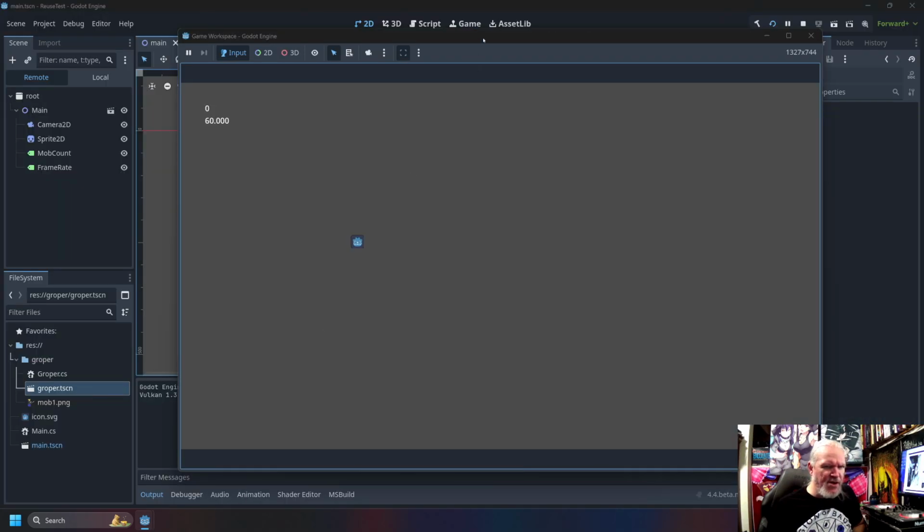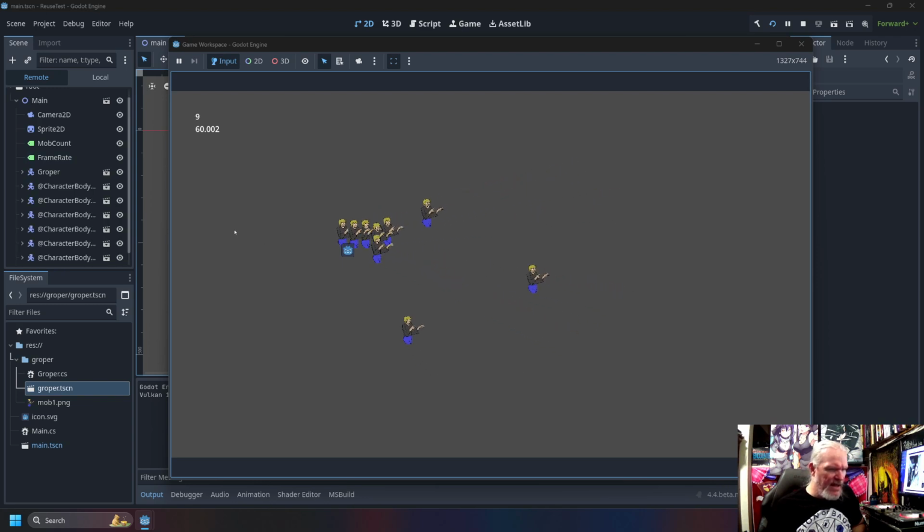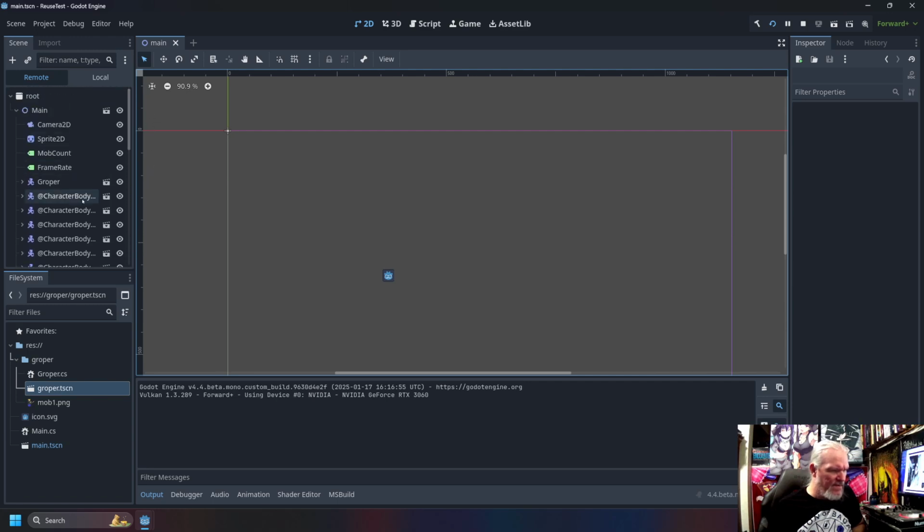Come over to the game workspace, and you'll notice when I click, it creates a brand new node over here. And as I click again, it starts adding more and more of those. And we end up with a bunch of them. And you can see that they're basically just numbered.